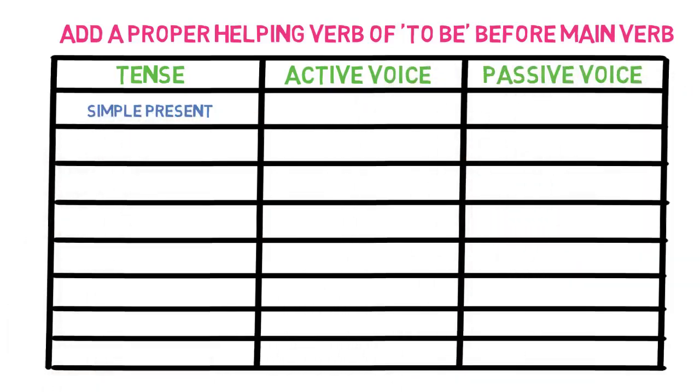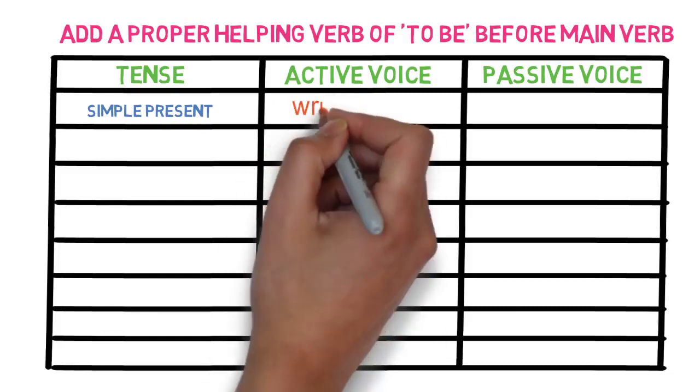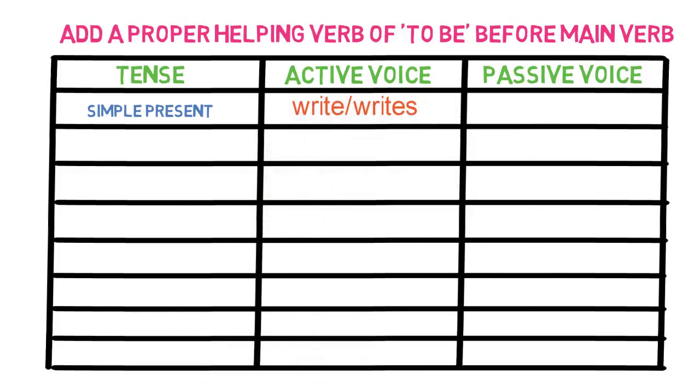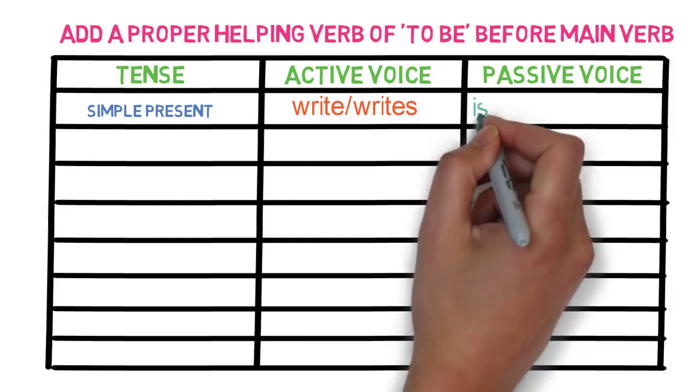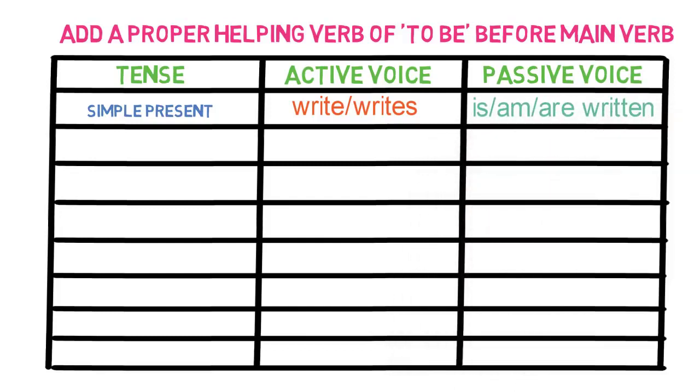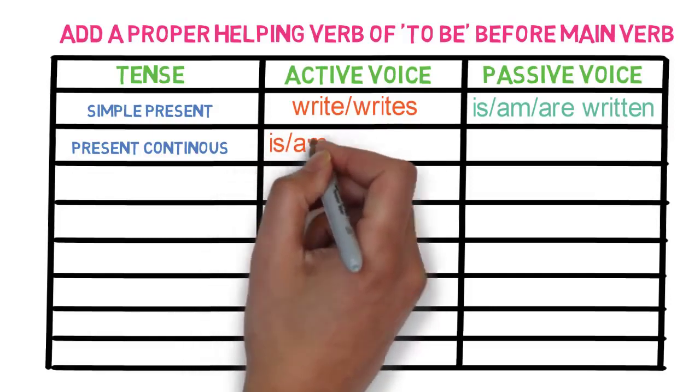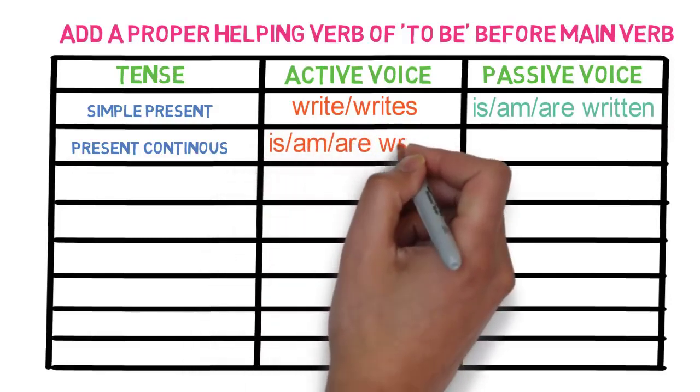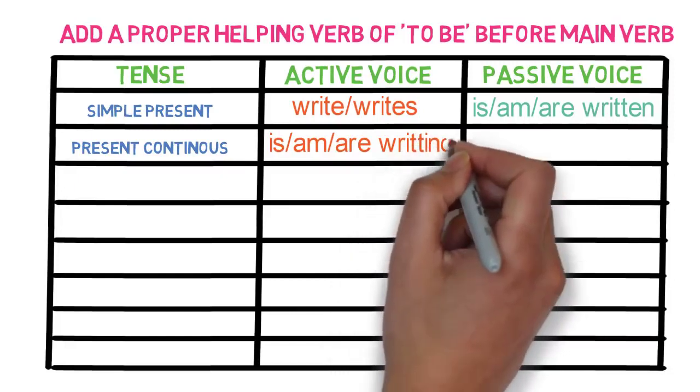Simple present. Here in active voice we have verb's first form, write or writes, while in passive voice we add is or am or are depending on whether the object is singular or plural, and written. For present continuous, in active voice, we have is or am or are depending on whether subject is singular or plural, and writing.